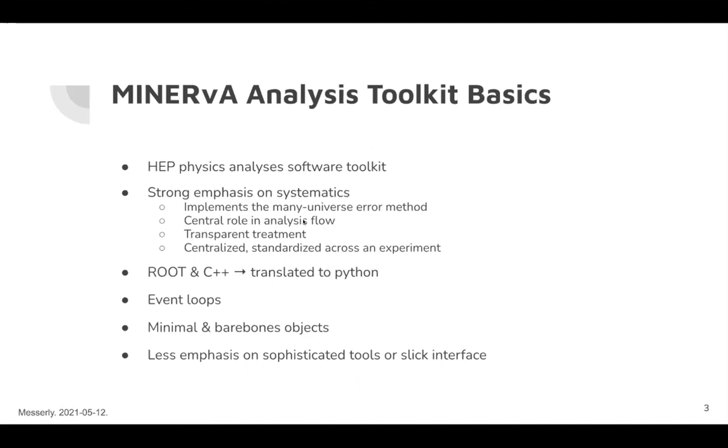Systematics play a central role in the analysis flow, and we implement the many universe error method. You may not know it by this name, but I think this is the basic idea that a lot of HEP experiments use to calculate systematics. And another important aspect of the MAT is that it provides the opportunity to centralize and standardize systematics across an experiment.